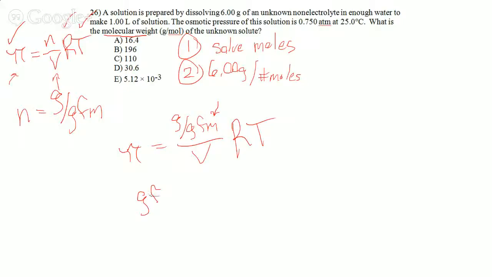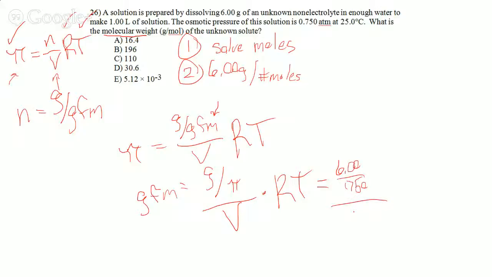I rearrange, I get GFM equals grams over the osmotic pressure all over volume in liters times RT, which equals 6.00 all over 0.750 all over 1 liter times R, 0.08206 times the temperature in Kelvin, 298. And you will get an answer of 196, which is choice B, as in Bravo.